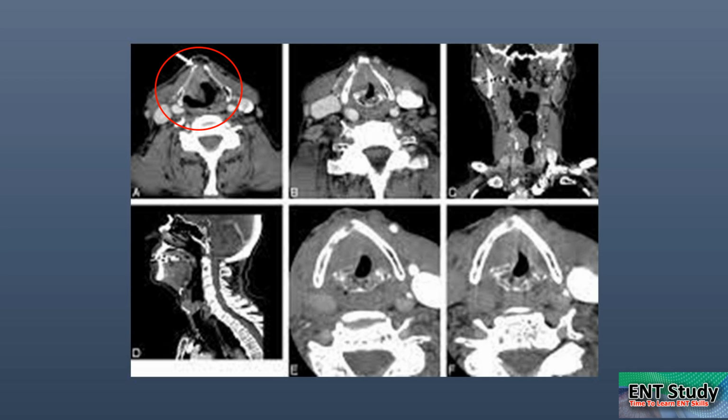As you can see in these very slides. What is the problem here? The problem is that, compare these two sides. There is cartilage erosion. This is hanging down, it has crossed the midline and it has escaped the thyroid notch as well.